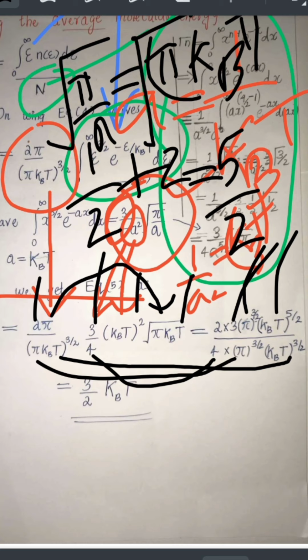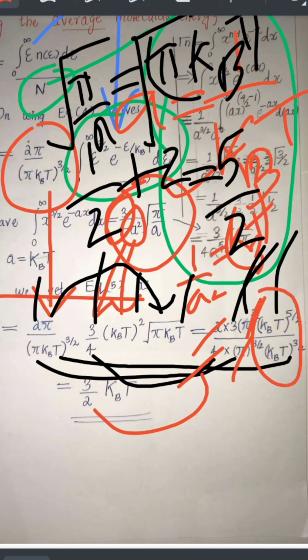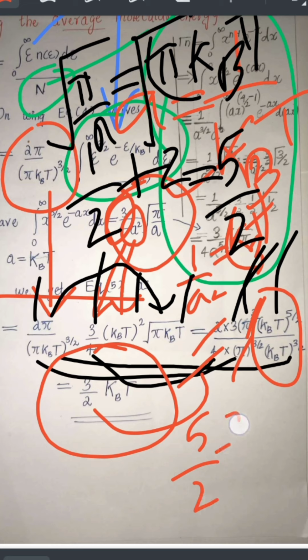So you can simply cancel this pi to the 3 by 2 with this pi to the 3 by 2, this 2 and this 4 give this 2, and also this kBT to the power 5 by 2 and kBT to the power 3 by 2 together give kBT, because 5 by 2 minus 3 by 2 is equal to 1.